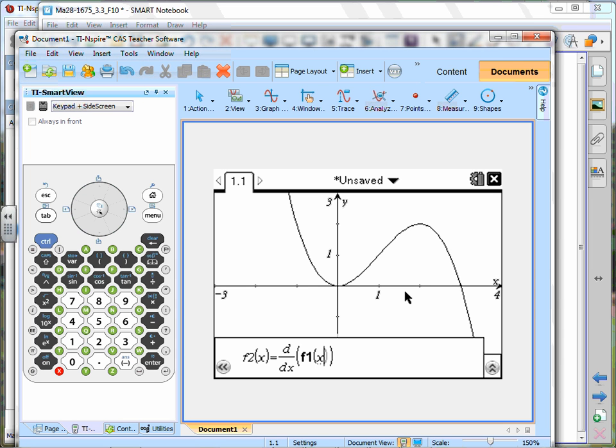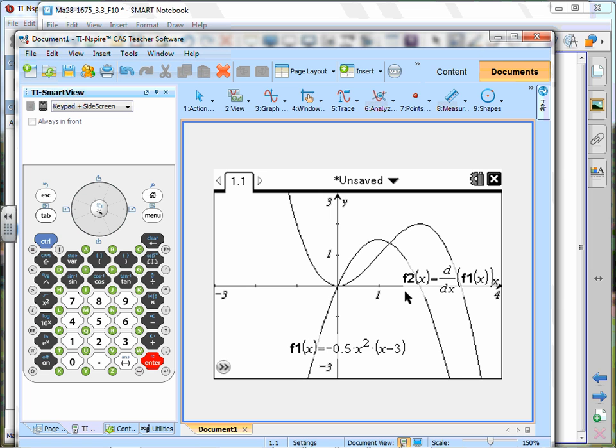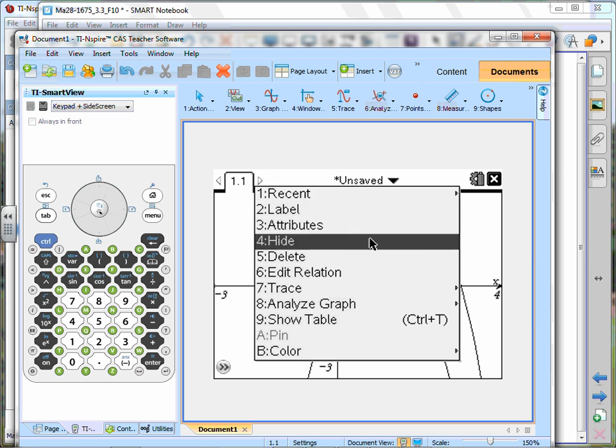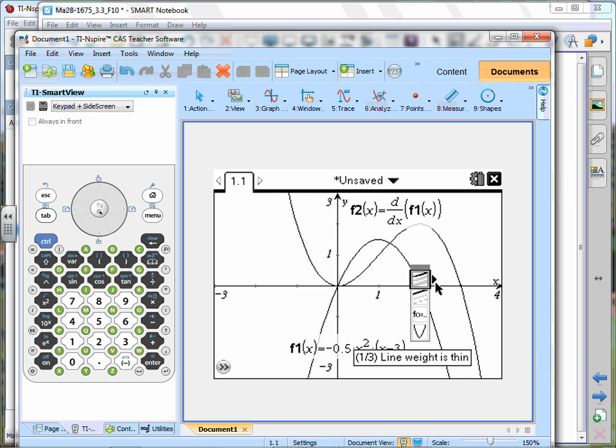We'll let it do all the work for us. Okay, and I'm going to change the attributes. Okay, there's my derivative. Is that what we determined it to be?